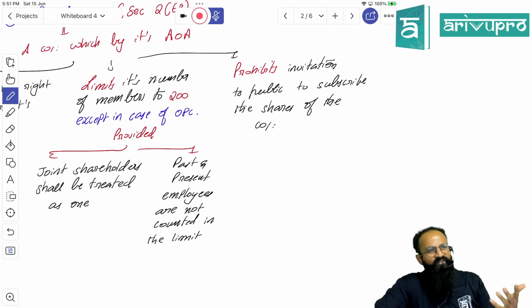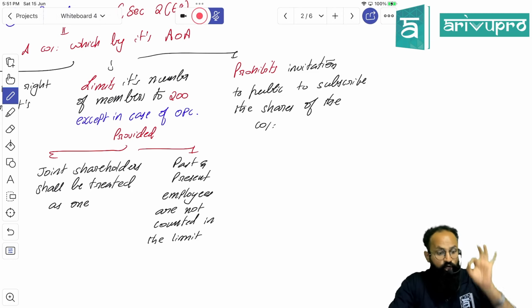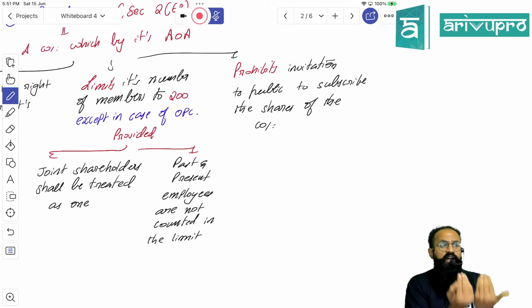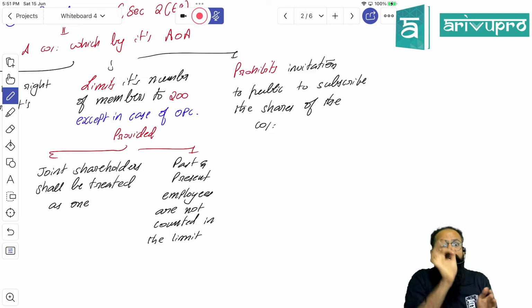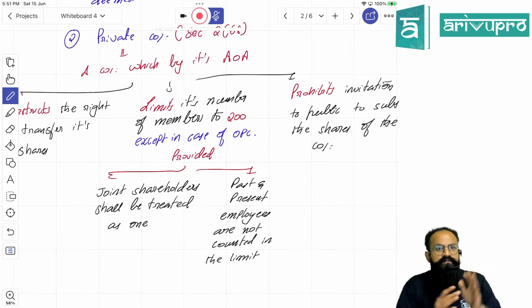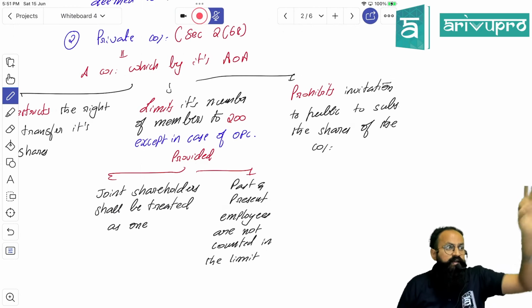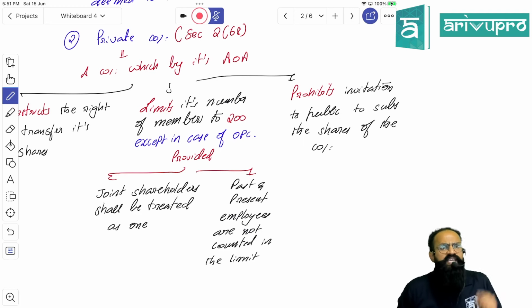The internal rules and regulations of the company are written in a document called AOA. In that document, if a company has all these 3 points, it's called a private company. Even if one point is not there, technically you will become a public company.